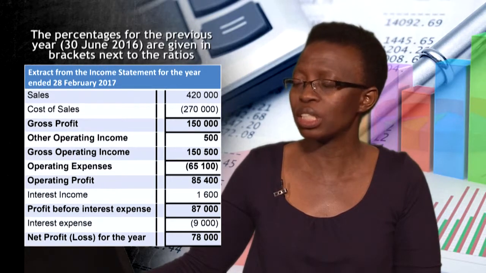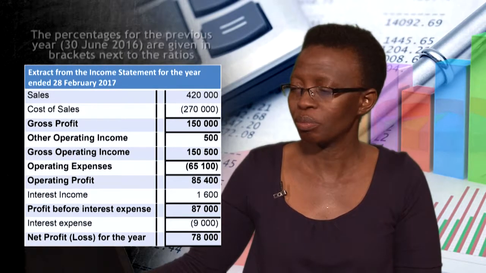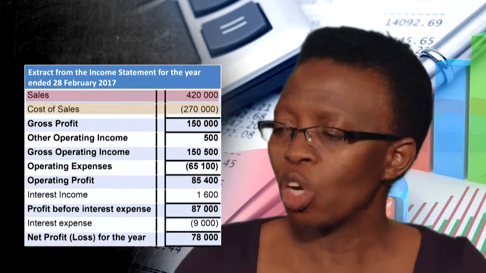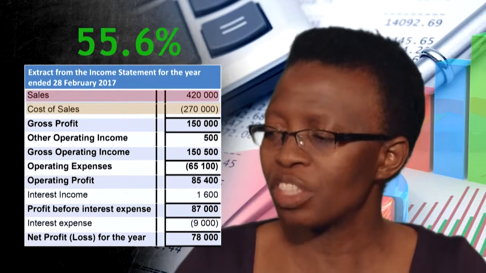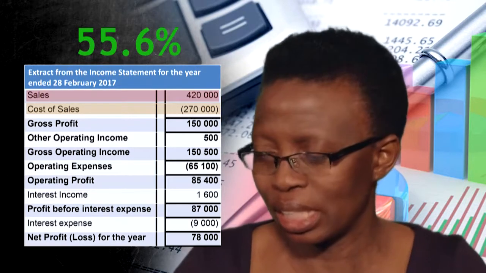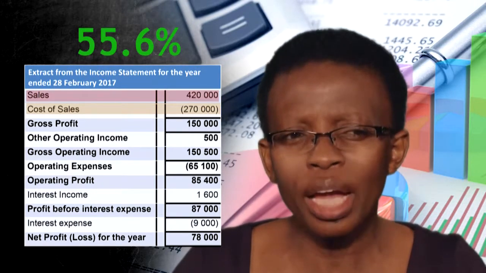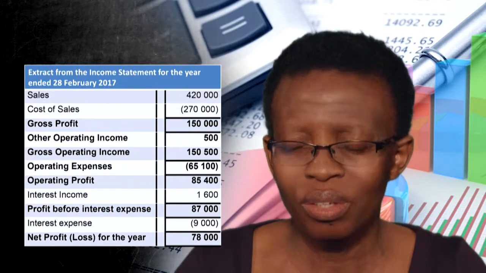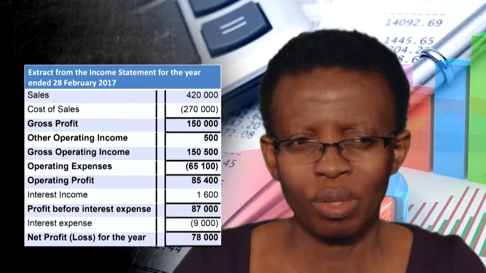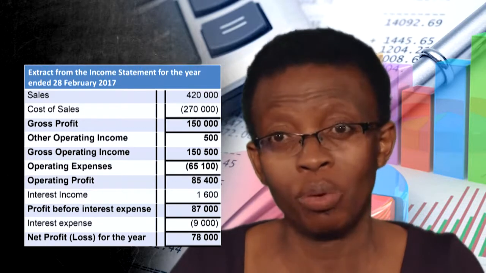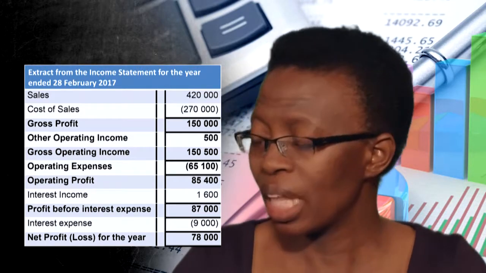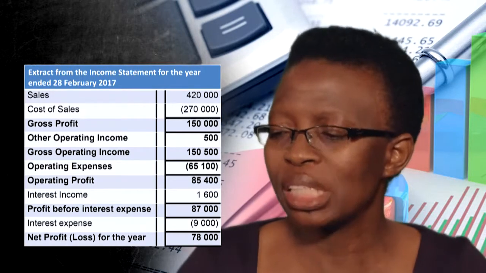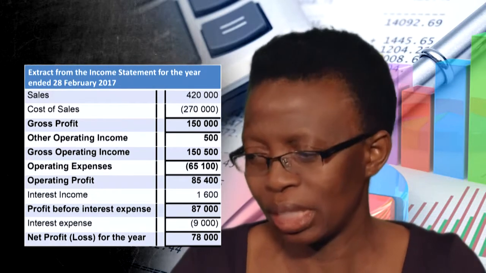Let us do the first ratio. The gross profit on cost of sales is 55.6%. Should the owner be happy with this ratio? No. The owner should not be happy with the ratio because the business aims to achieve a markup percentage of 100%.